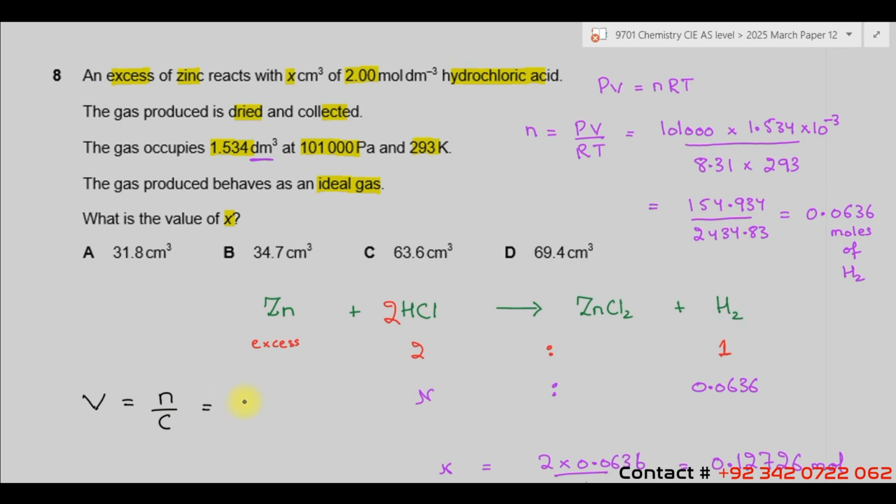So let's put values. Number of moles is 0.12726. Concentration in decimeter cube is 2. So the volume in decimeter cube will be 0.0636.